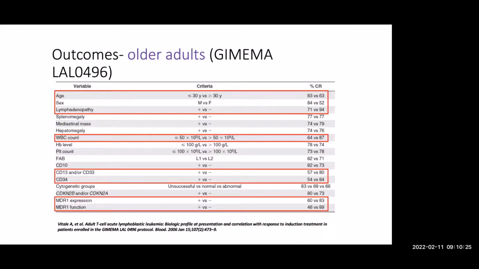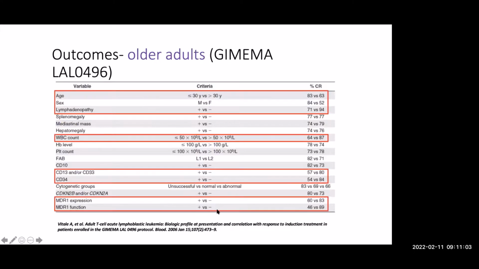Patients more than 30 years of age had lower CR rates, and females had lower CR rates. Another factor is that high WBC counts resulted in low CR rates. And if the patients had stem cell markers like CD13 and CD33 and myeloid markers, they had lower CR rates compared with absence of myeloid and stem cell markers. And patients who had increased expression of MDR had lower CR rates compared with those without expression of MDR.